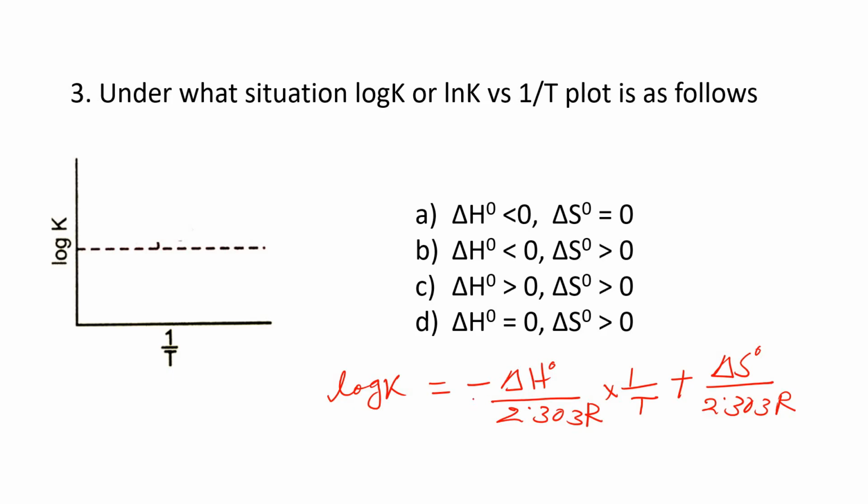The slope will be 0. That means here delta H0 must be equal to 0, and only the constant term remains, in the positive direction. So delta S0 must be positive.